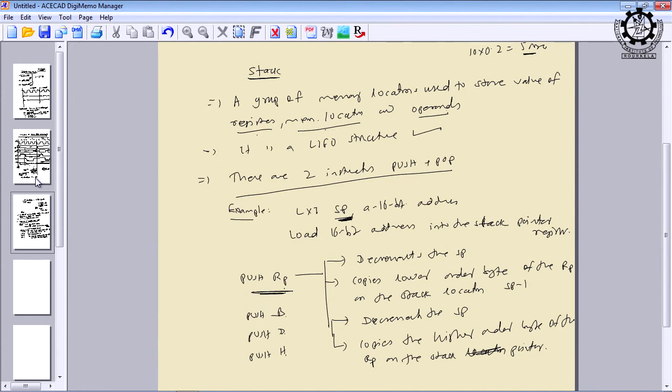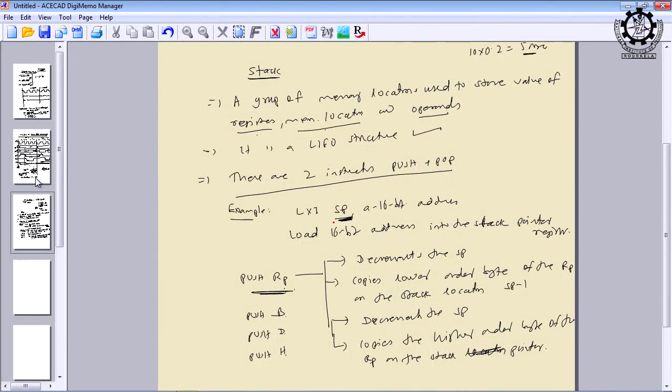Suppose you write push RP. The moment you load something into the stack pointer, that becomes the top of the stack. Now, you have to decrement the stack pointer by 1 to accommodate the lower order byte. If I write push BC, C is the lower order byte and B is the higher order byte.